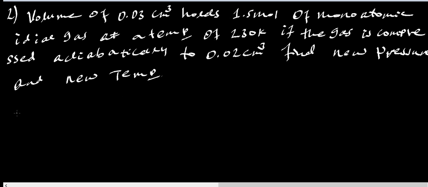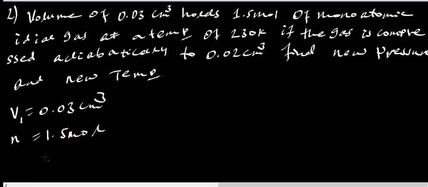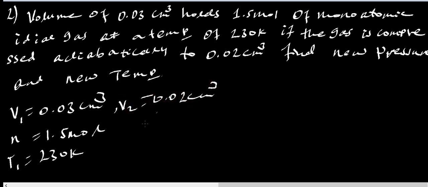So V1 is 0.03 centimeter cube, number of mole is 1.5 mole, and temperature 1 is 230 Kelvin. If the gas is compressed adiabatically to V2, which is 0.02 centimeter cube, find the new pressure P2 and T2.